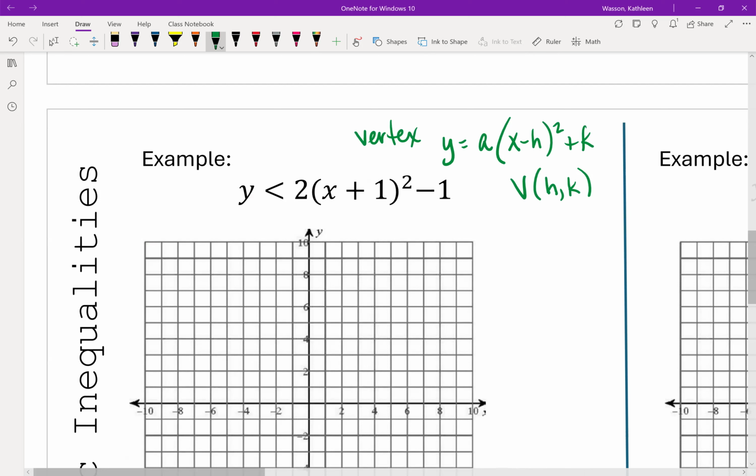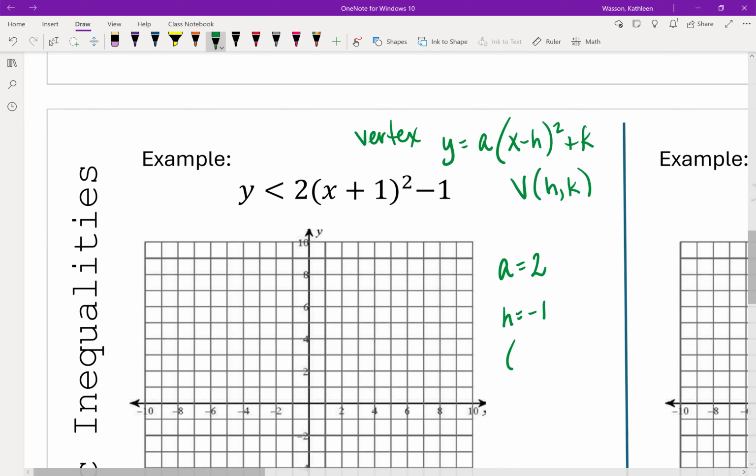We need to identify what a, h, and k are, because for a vertex equation or vertex inequality, that's going to help us a lot with graphing. So for this inequality, a is 2 and h is -1. The reason for h being -1 is that originally the middle of the equation is x minus h.